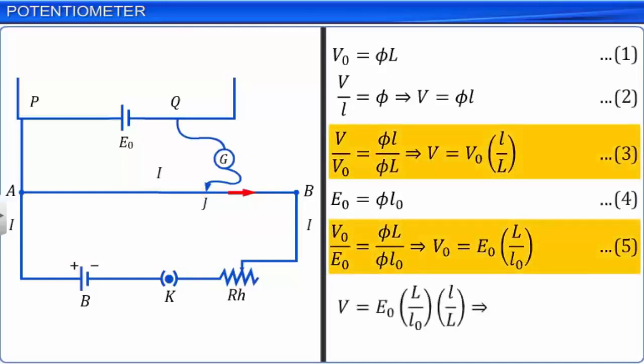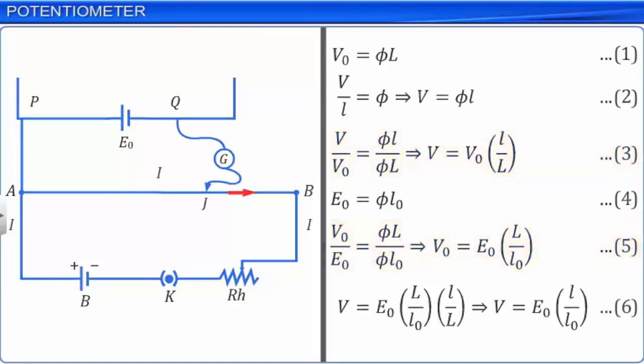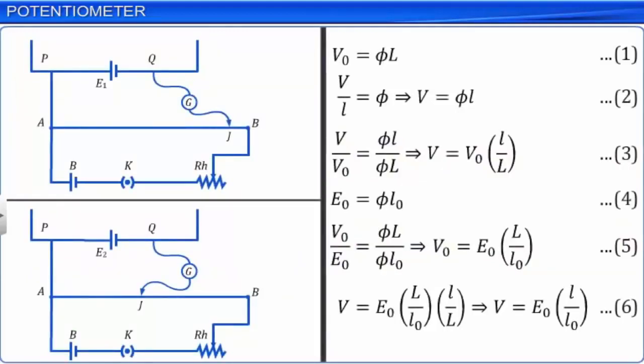To compare the EMF of two cells with EMF as E1 and E2, they are connected in the secondary circuit separately, one after the other, and the corresponding balancing length of the potentiometer wire for each cell is found. Let L1 be the balancing length for the cell of EMF E1, and L2 be the balancing length for the cell of EMF E2.